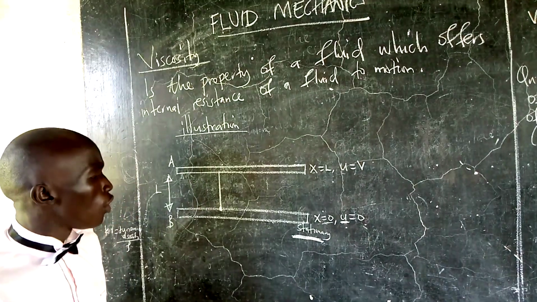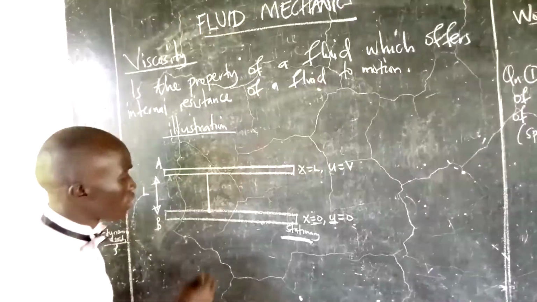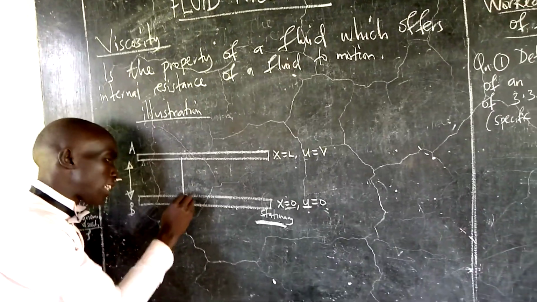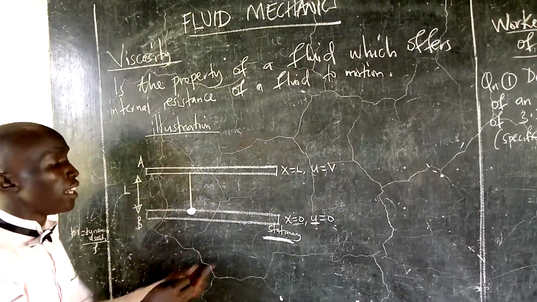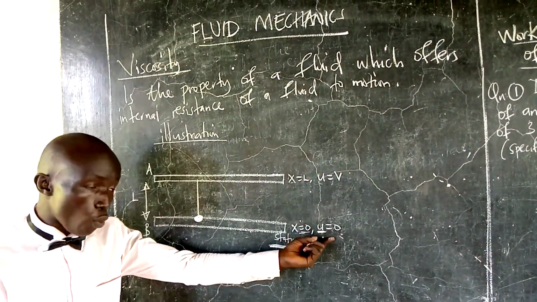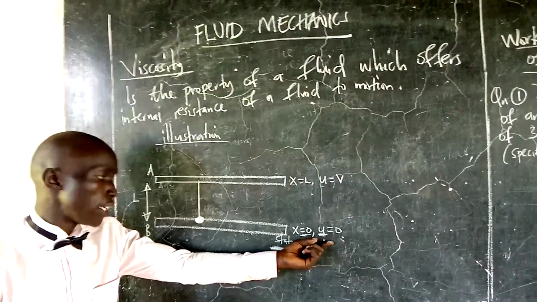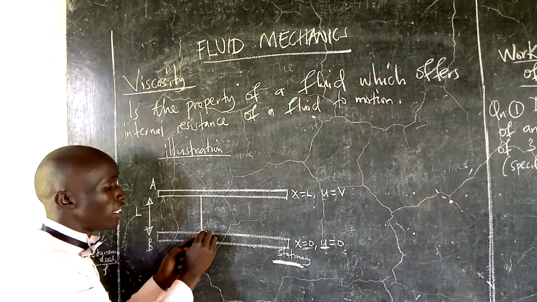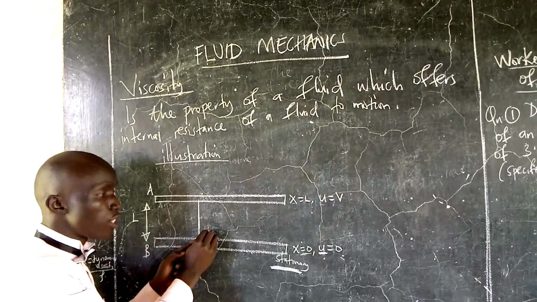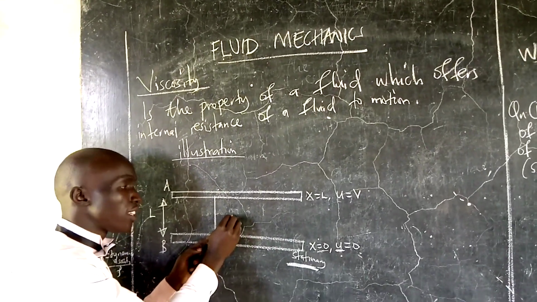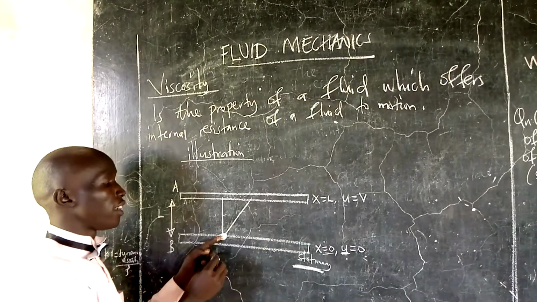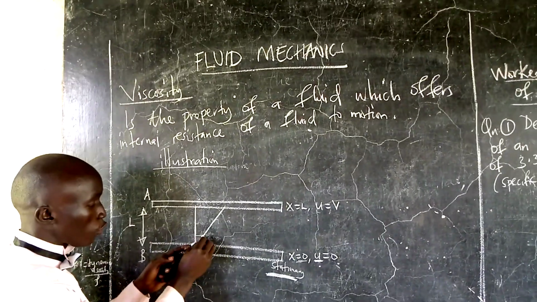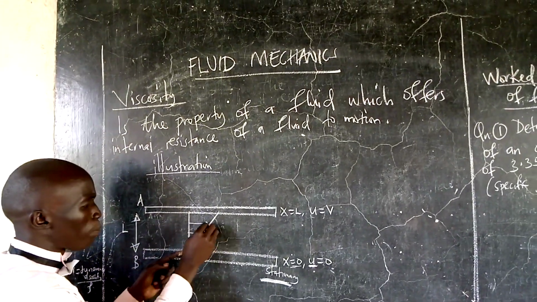So we are going to draw a velocity profile for this. At B, x is 0 and U is 0. Why? Because the plate is stationary. So as we move up, the velocity will be increasing up to plate A. That increase will create for us what we call a velocity profile.